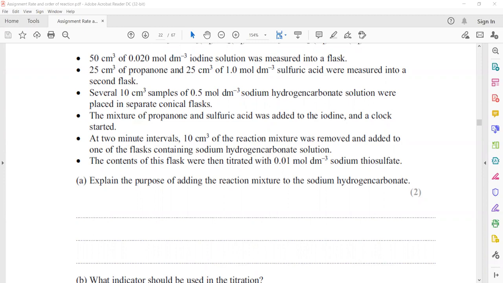So 1 mark you will mention to quench, to neutralize the acid, to remove the acid, and the second mark is for mentioning so that the acid does not react with thiosulfate or propanol in the mixture.